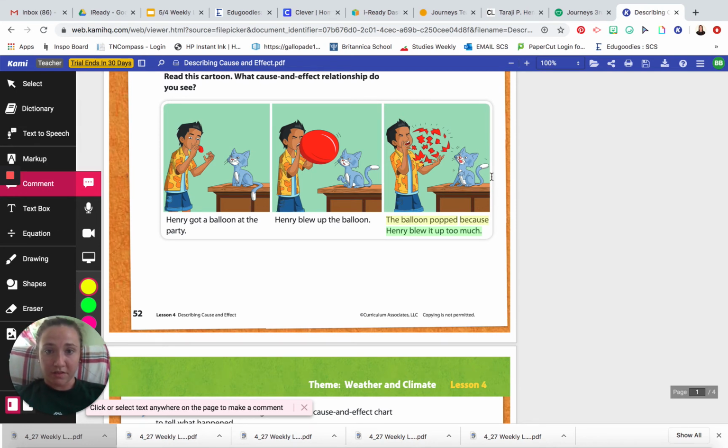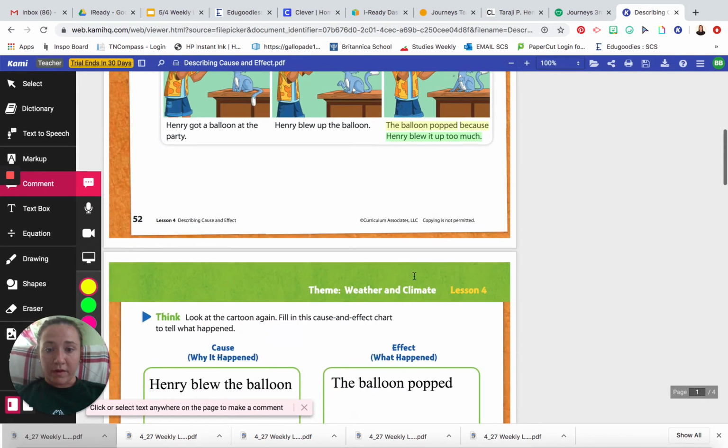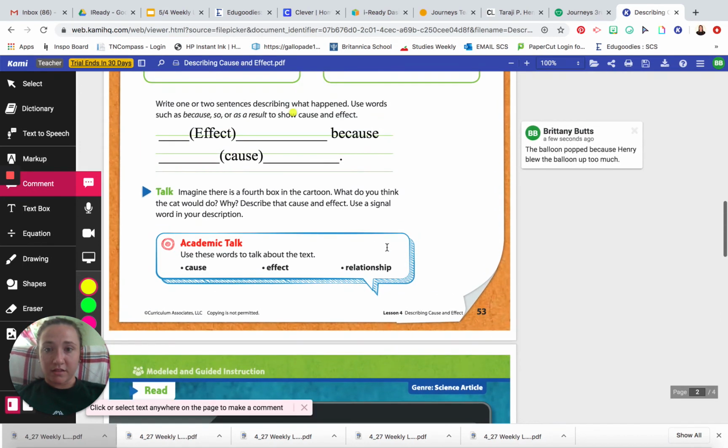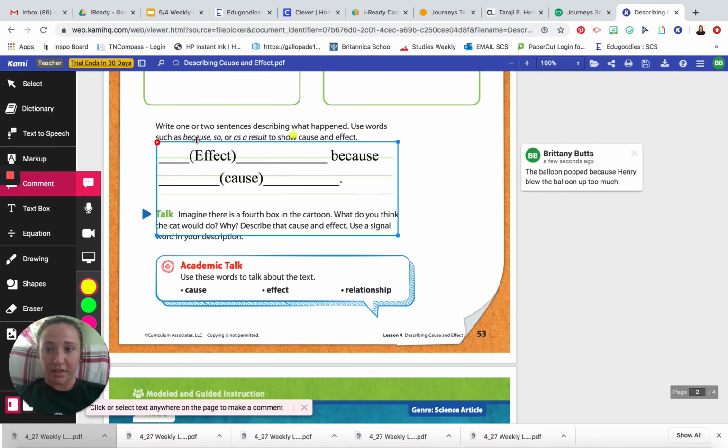The cause was the balloon popped. The effect was the cat was scared and jumped off the table. Write a sentence that describes what the cat would do. Why? Describe that cause and effect using a signal word because, so, or as a result.